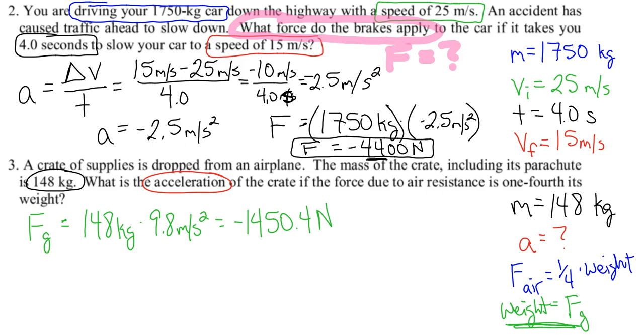So in order to figure out the air resistance, it is 1/4 of that force of gravity, or 1/4 of the weight. I forgot to assign here negative 9.8 meters per second squared. That's how we wound up with negative 1,450.4 newtons, because that's a negative 9.8 because we're acting down.